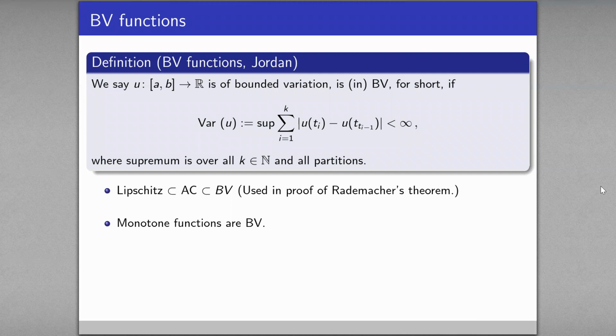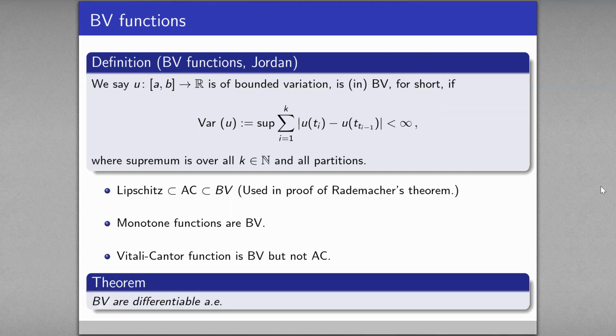Monotone functions are BV, and indeed there is a kind of inverse to this, that BV functions are differences of monotone functions. Therefore, because the Vitali Cantor function was increasing, it is BV, but it is not AC because the fundamental theorem of calculus fails for it.